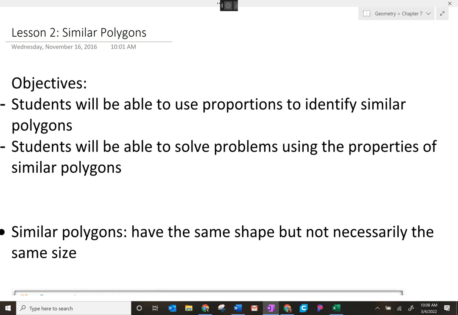The other part I really want to discuss is that when we look at similar polygons, you have to be able to tell which angles match up and which sides match up.